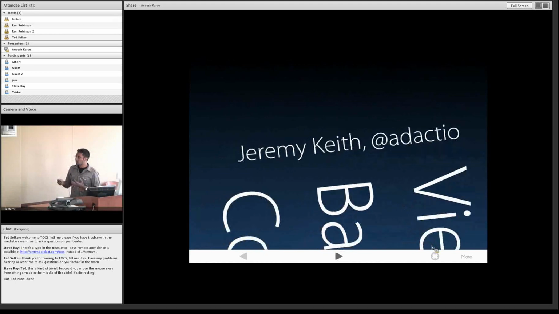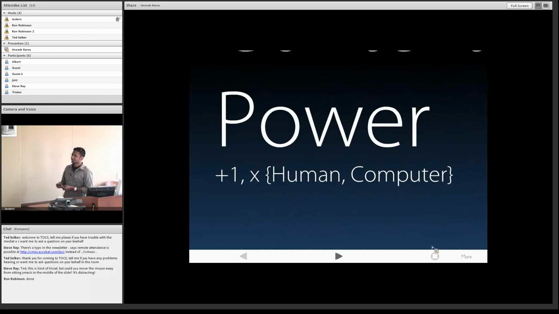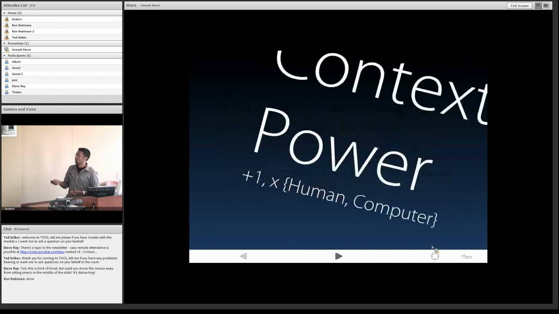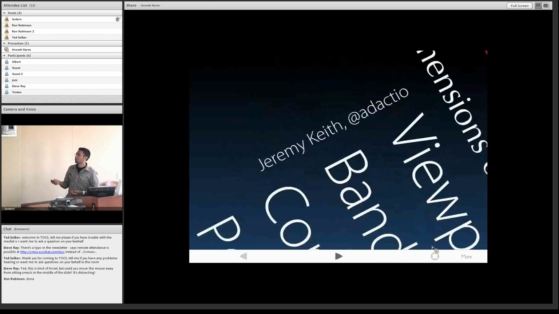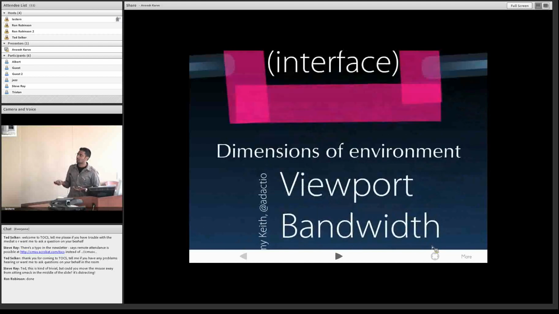What I would really like to add in this talk is the concept that power is also an important constraining factor, and that you can't only think of viewport, context, bandwidth, and power from the standpoint of the machine. You have to think about those same things from the standpoint of the human being that's interacting with the machines in order to get a complete picture of the forces that are acting on the interface.